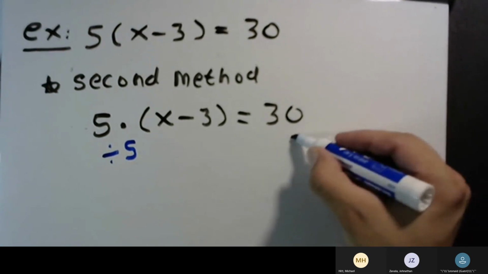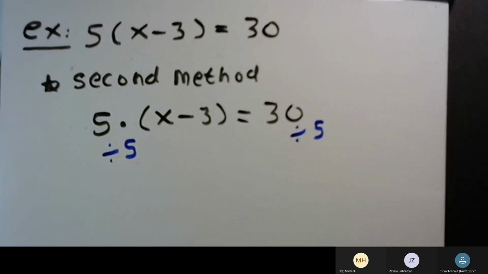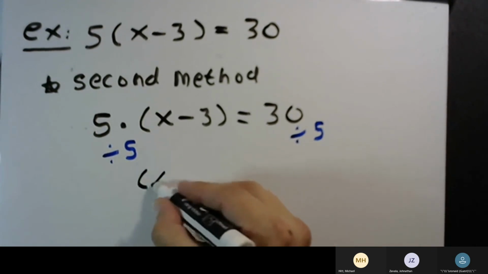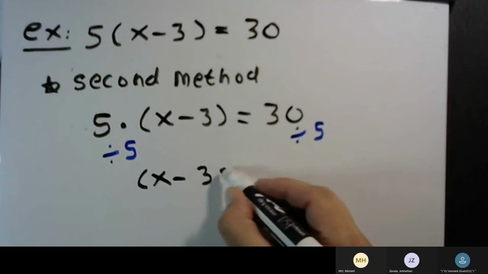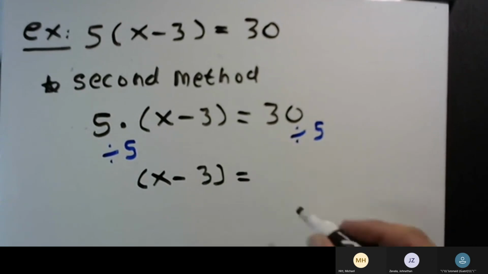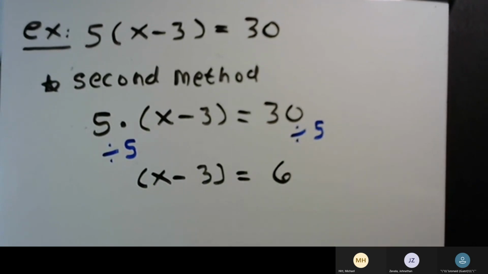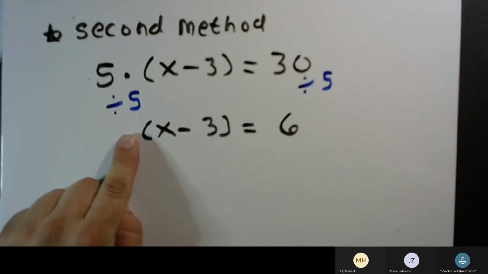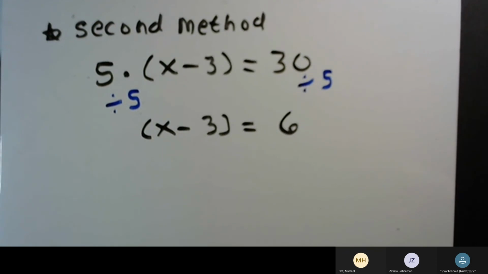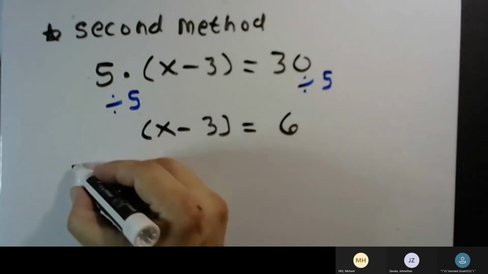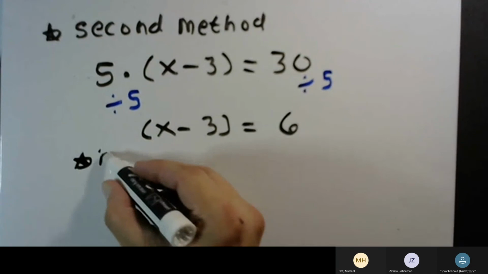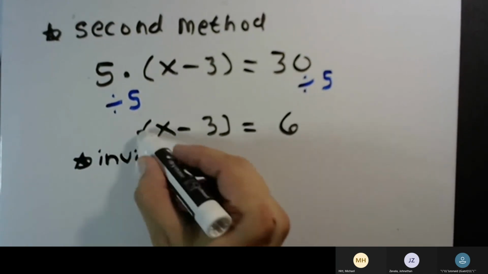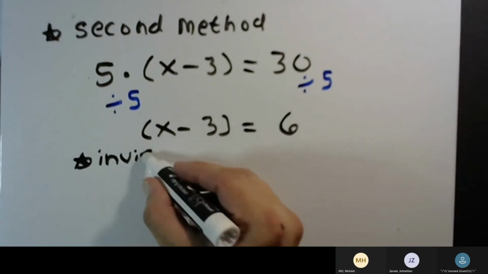And again, what we do to one side, we have to do to the other. And that gives us x minus 3. 30 divided by 5 is 6. Now, if we take a look at this, what's in front of the parenthesis? Well, there's an invisible plus sign. There's no minus and no number to distribute.